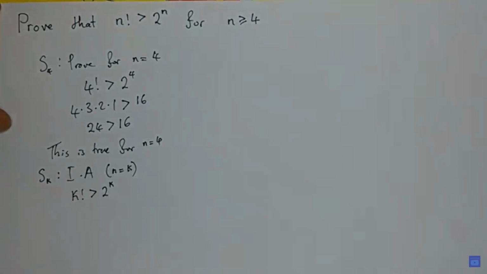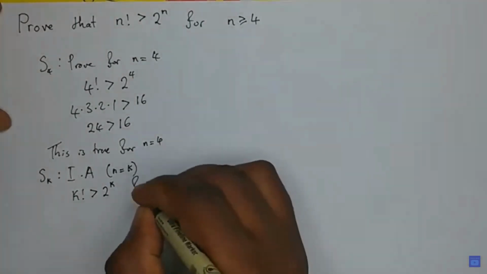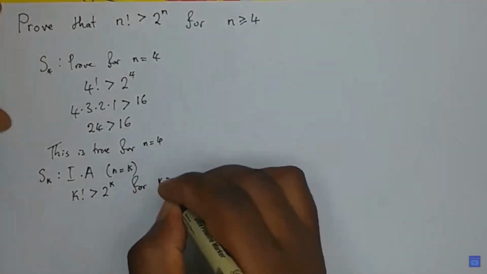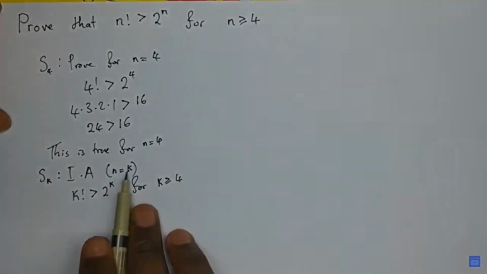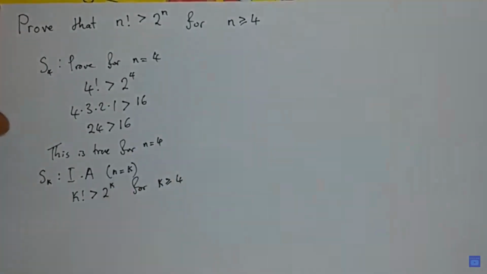This is an assumption. We're making an assumption for some arbitrary number k that should be greater or equal to 4, simply because we're replacing n with k.